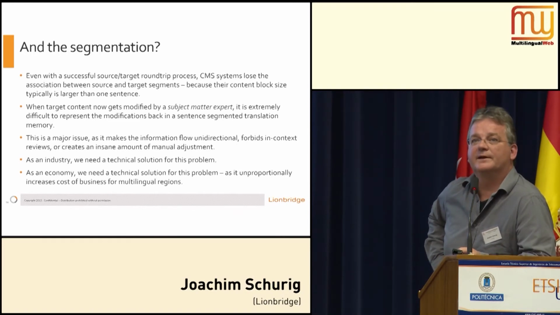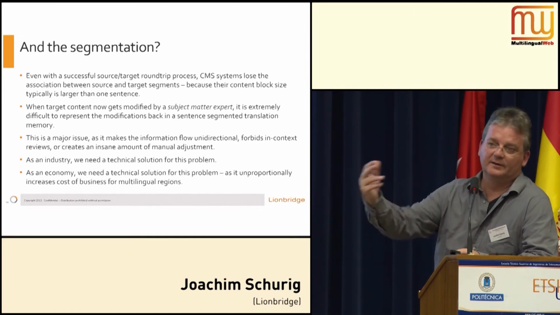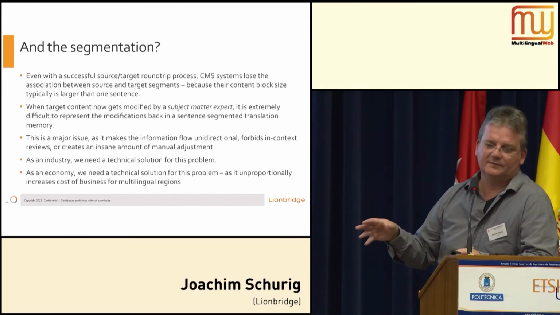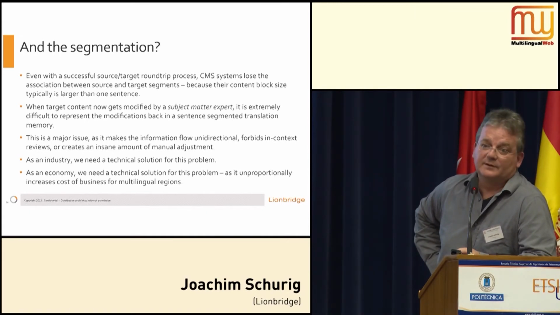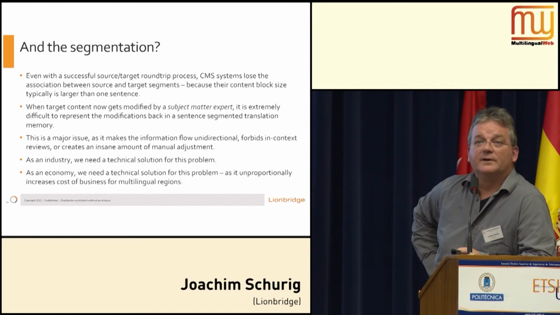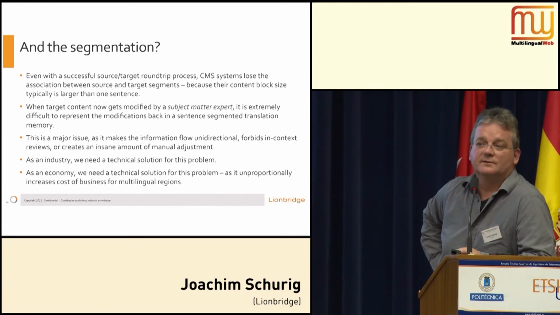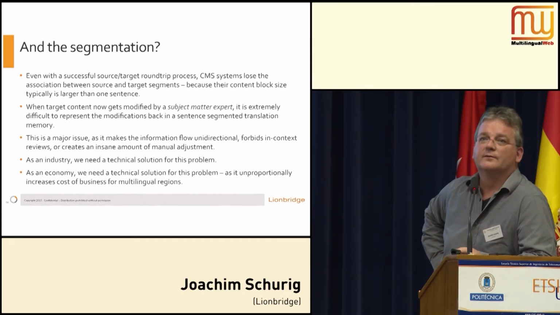So the point is that as an industry we need a solution for this problem, the interchange in the first place with CMSs, but also how not to lose the segmentation on the sentence level once the data is back in the CMSs, because it causes us tremendous transaction costs. As an economy as a whole, if you think about Europe as a marketplace, it creates a lot of transaction costs which other markets which do not have multiple languages do not have to bear. So it's a competitive disadvantage to not have a technical solution here.